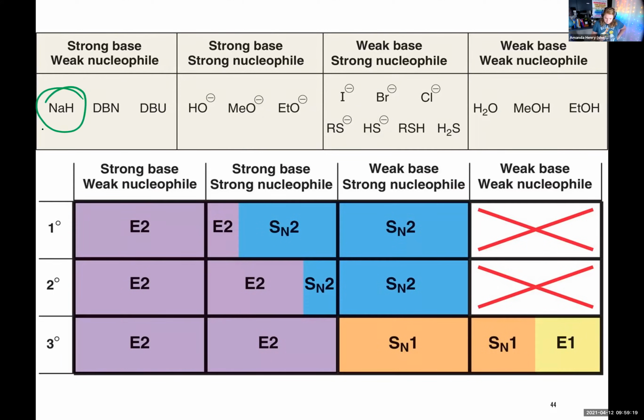So we have sodium hydride, which is a strong base, weak nucleophile. So regardless, it's going to be E2. We're secondary, but with that category, strong base, weak nucleophile, it will always go through that E2 reaction.